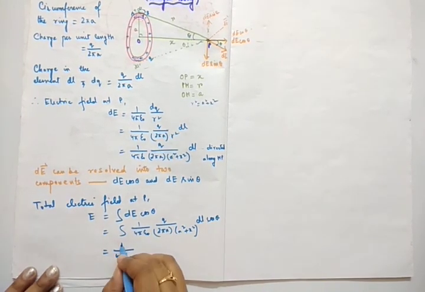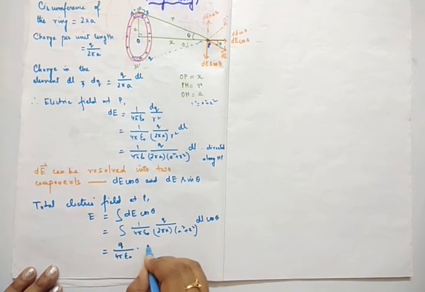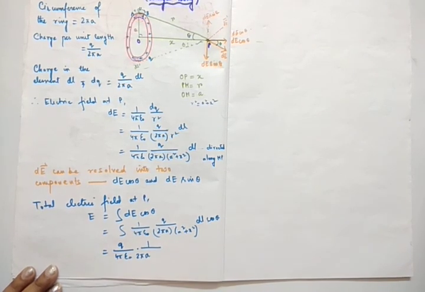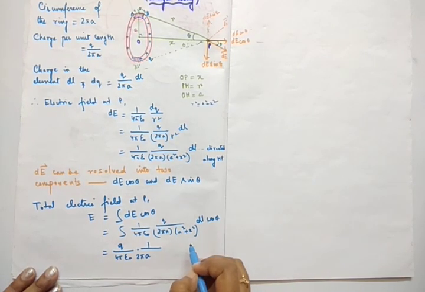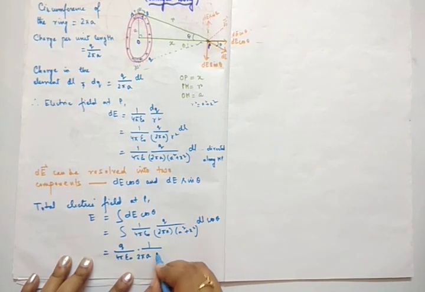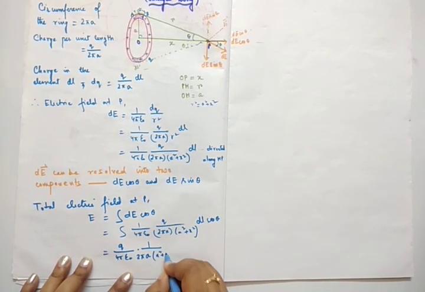So here we can write Q by 2 pi a, and what else is left? 1 by a square plus x square.